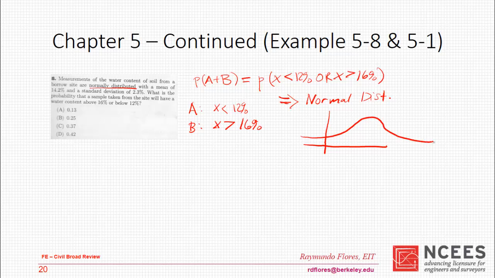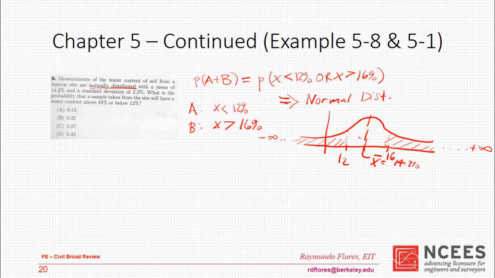This is going to be your mean, which is given as 14.2%, and then you'll have some value 12 here, and then 16 here. And so basically you're calculating the probability given by the areas that I've just outlined here.